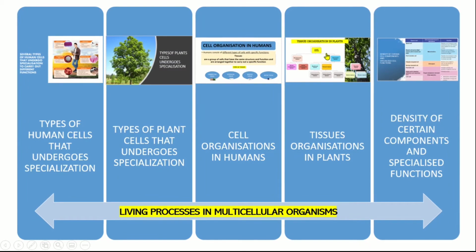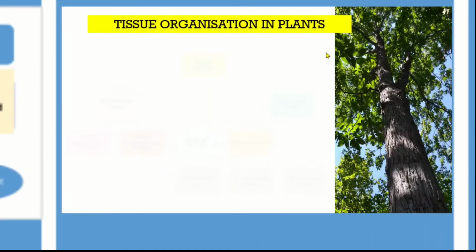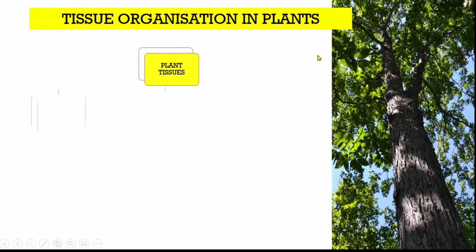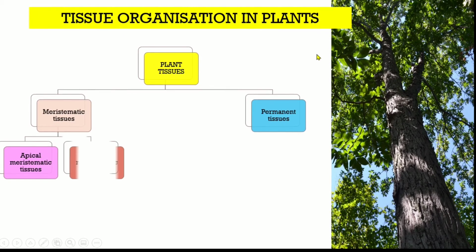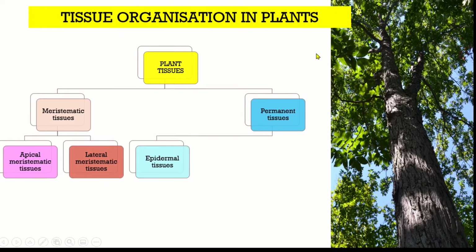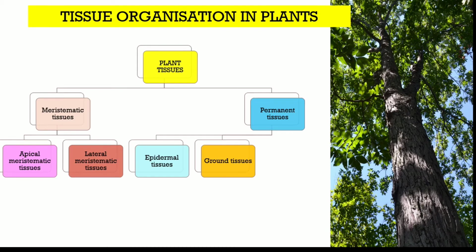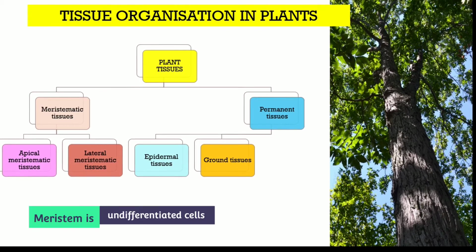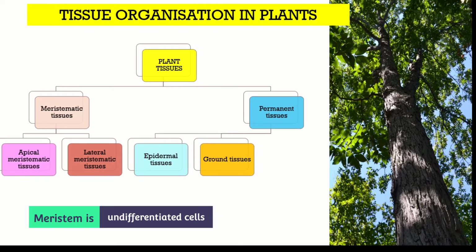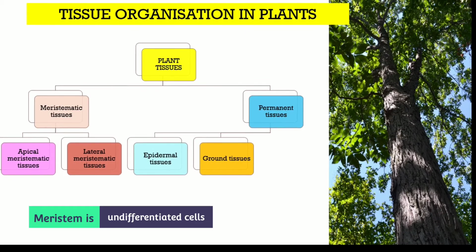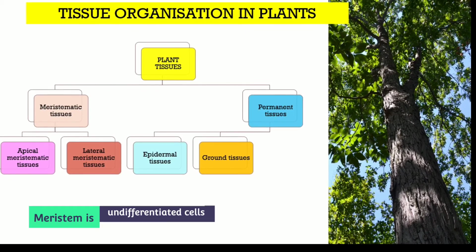Furthermore, we are going to discuss the tissue organization in plants. Here is the mind map of the plant tissues. Plant tissues consist of meristematic tissue and permanent tissue. Meristematic tissue is divided into apical meristematic tissue and lateral meristematic tissue.